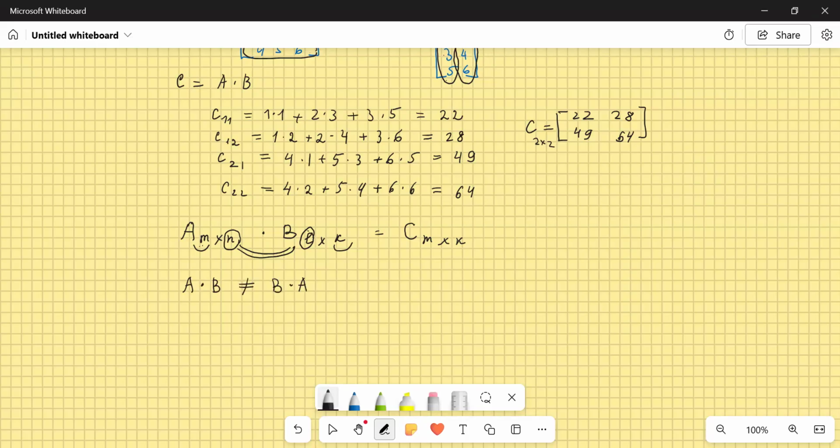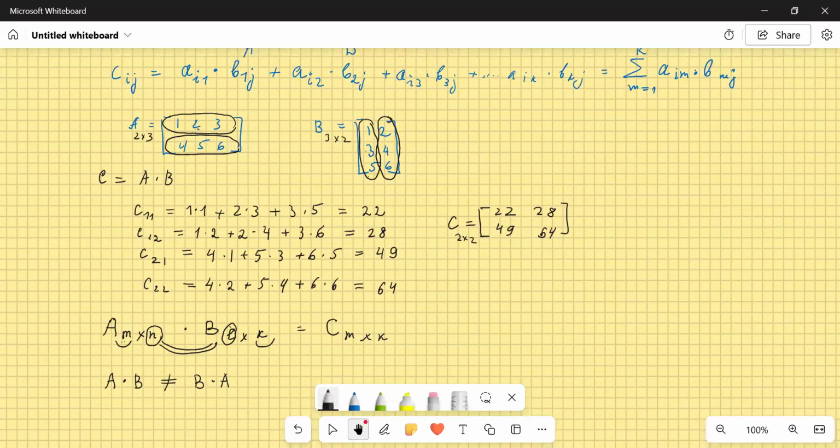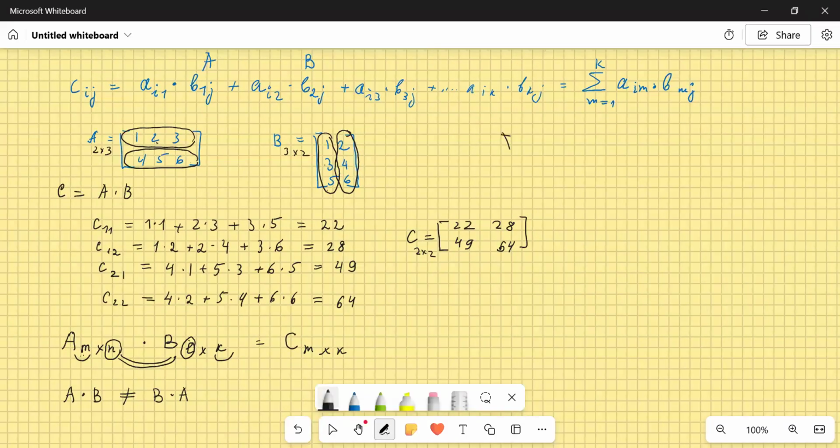And sometimes you won't even be able to do the multiplication itself. So let's imagine that you take the very same matrices and put first B and then A and decide to multiply them. Matrix B, 1, 2, 3, 4, 5, 6. And matrix A, 1, 2, 3, 4, 5, 6.